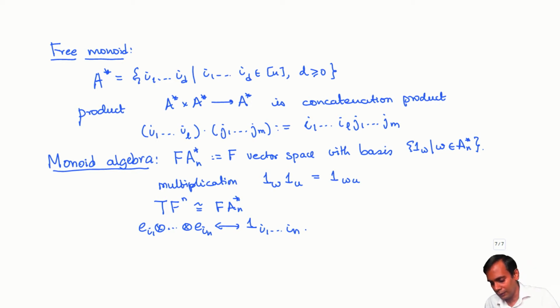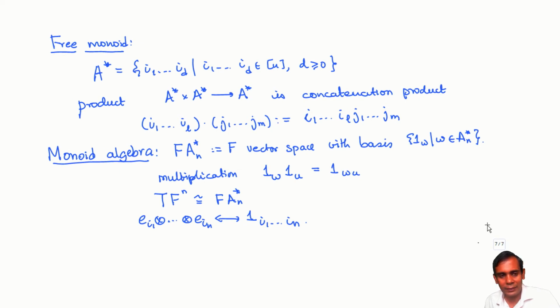This is easy to see from the definitions. So the tensor algebra of the vector space F^n is the same as the monoid algebra of the free monoid on n letters.